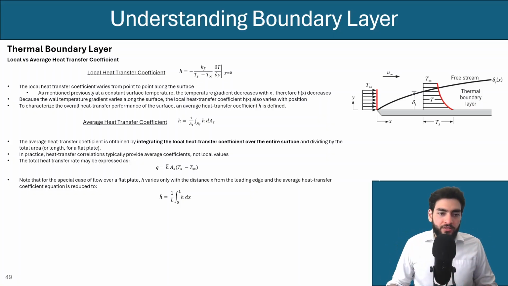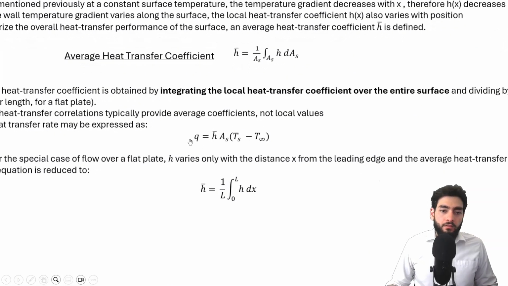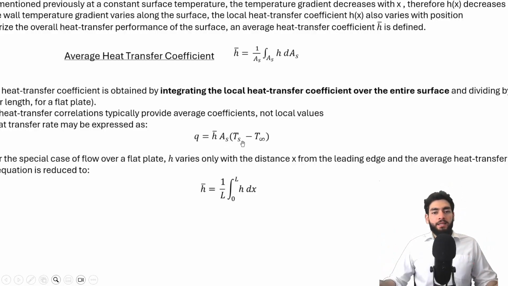The total heat transfer rate can then be expressed as the average heat transfer coefficient multiplied by the surface area multiplied by the difference in temperature of the surface from the bulk of the flow.